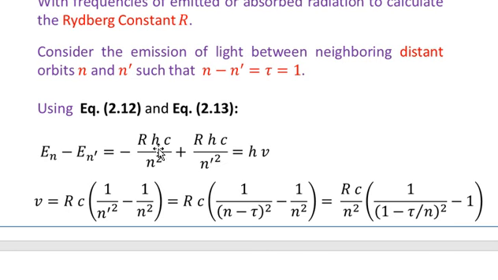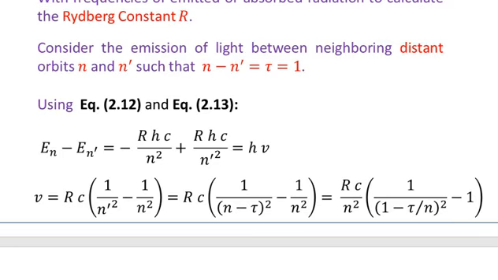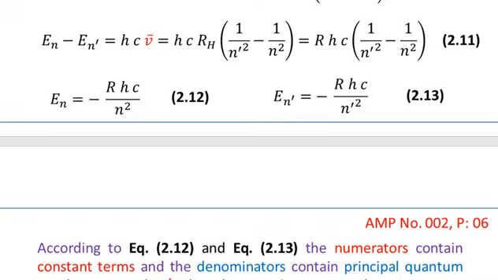So these are the values that I have used from equation number 2.13, and then the final result from equation number 2.9 is used, which is h nu. So En minus En prime is equal to h nu, and in the middle I have substituted the values of En and En prime from equation number 12 and equation number 13.